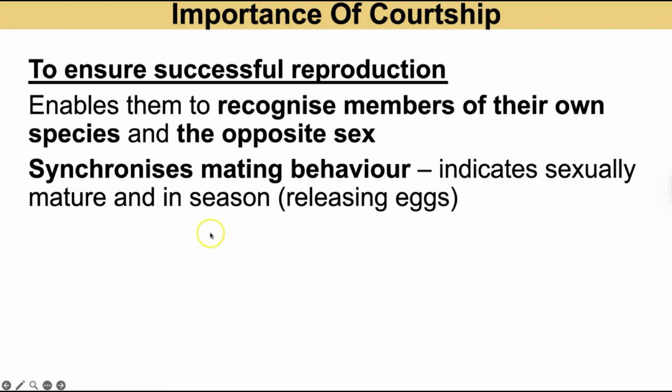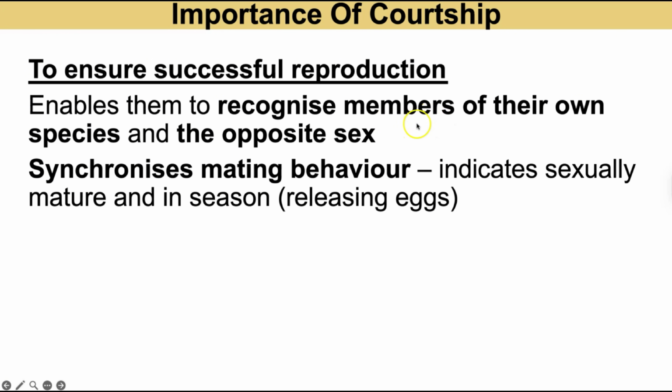So the reason this is important is, as we said, it's to ensure successful reproduction, which means mating and producing offspring so that the whole species can survive. And the reason it increases the likelihood of an offspring being produced is it enables you, first of all, to recognise members of the same species.